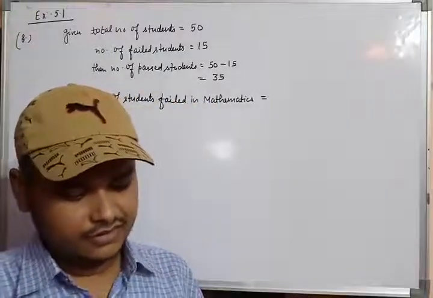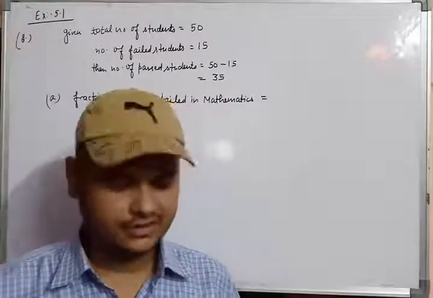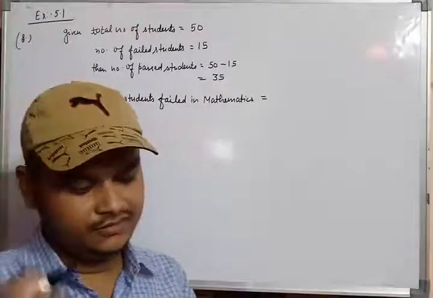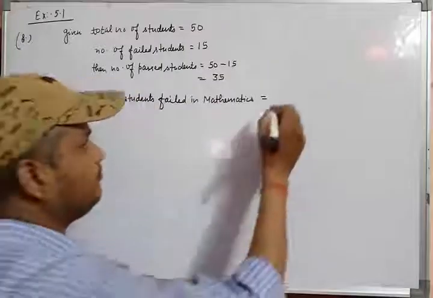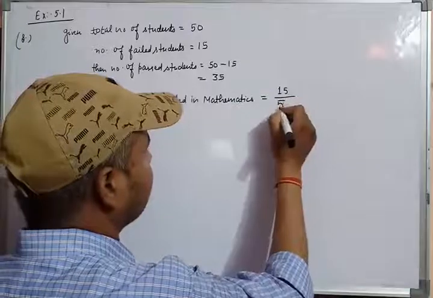So if you want to find the fraction of failed students, then in the numerator you have to write 15 and in the denominator you have to write 50.